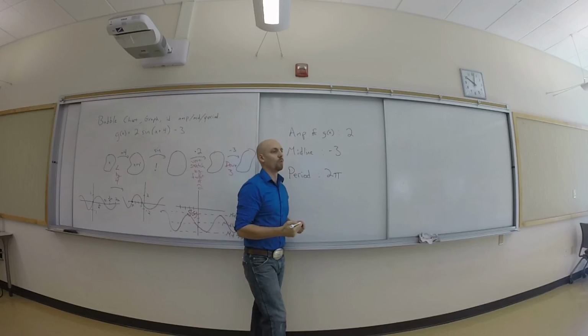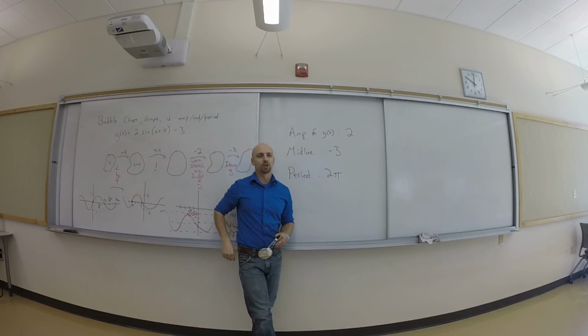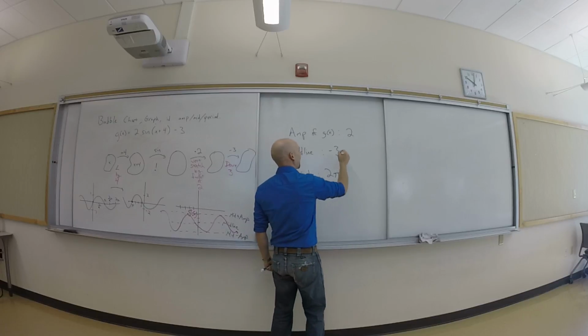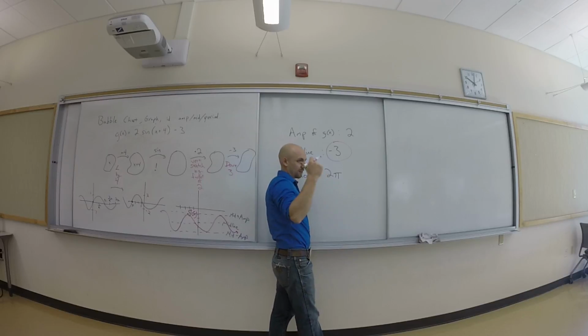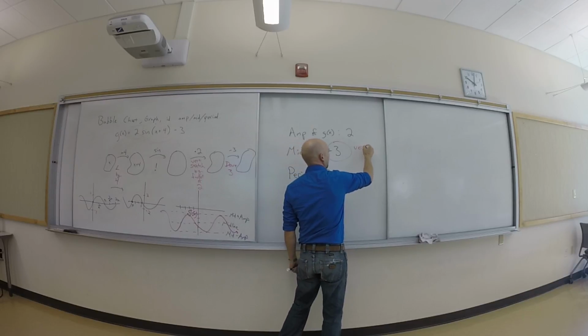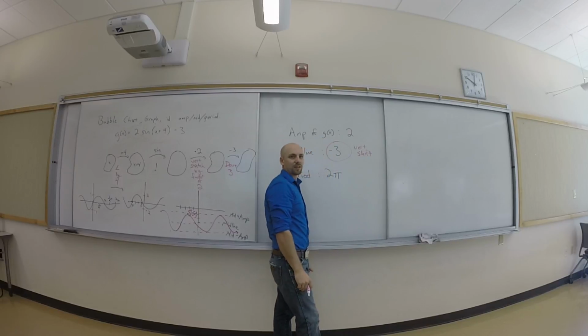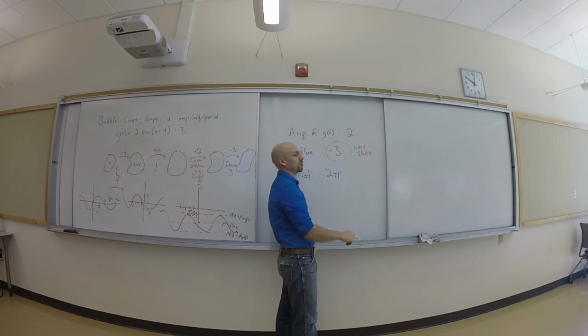Okay, so where could you have read these off the picture? The midline's -3, right? Where'd that come from? Yeah, that was the vertical shift. You guys all see that? That's always where the midline's going to be, right? It's always going to be a component of the vertical shift. How about that amplitude? Where did I read that off? 2 sine rule.